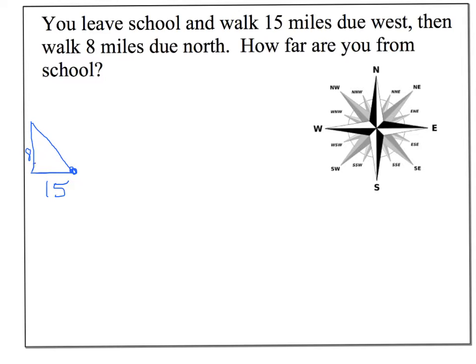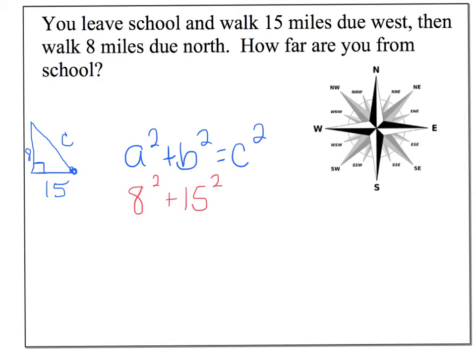So we are looking for the hypotenuse C. Write your Pythagorean theorem and fill in what you know. Eight squared would be 64. 15 squared is 225, and the sum of that is C squared.